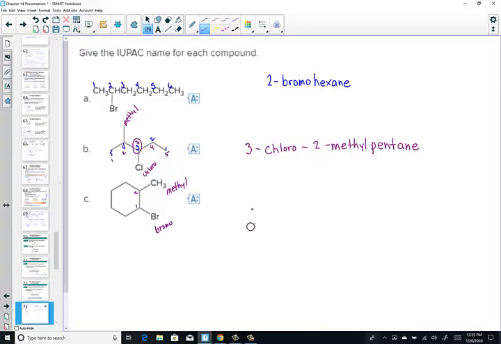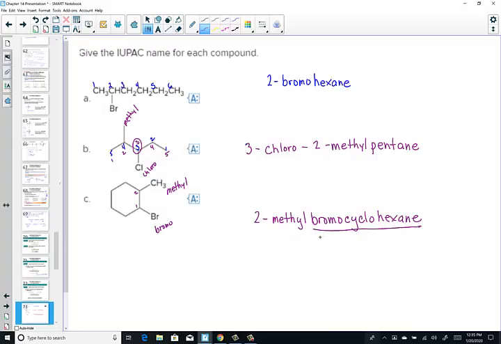And so 2-methyl bromocyclohexane. Do I like that? 2-methyl bromocyclohexane. Now, this is all one word.